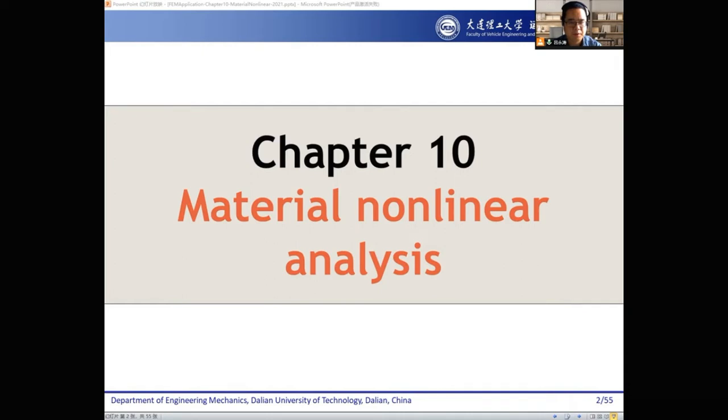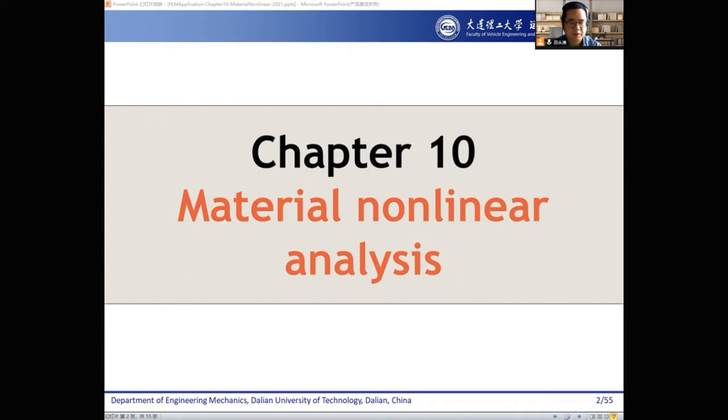Besides, whenever you do the finite element analysis, you have to pick the material model for your material, and to do this you need to have a lot of knowledge in order to define the correct material model. And so in this chapter we will talk about the material model.